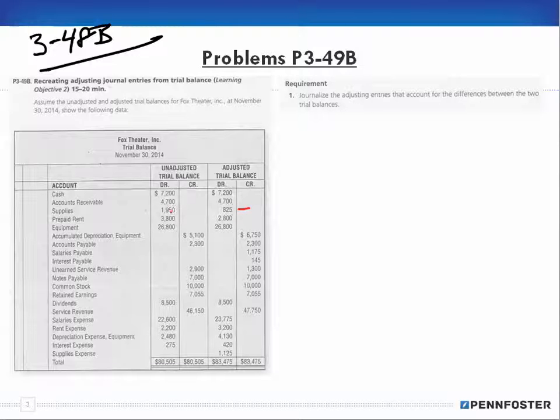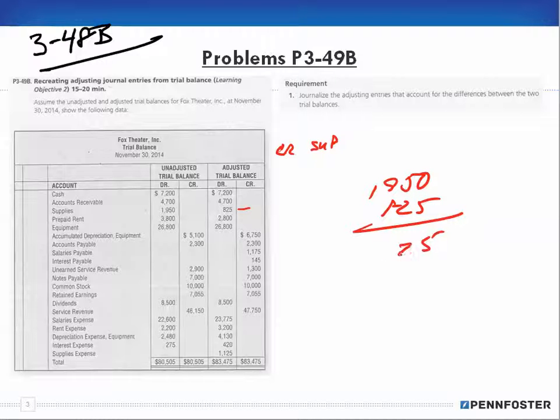If I have a supply amount for a debit of $19.50 and I end up with $8.25, that means I have to credit supplies, and the difference between $19.50 and $8.25 is $11.25.